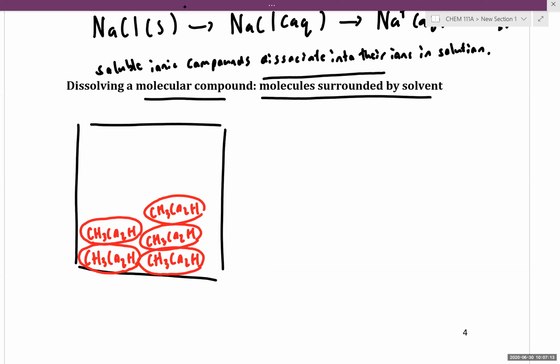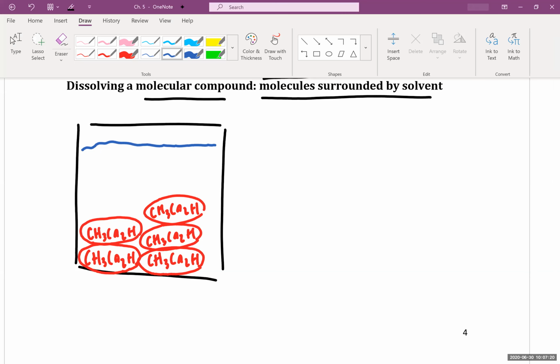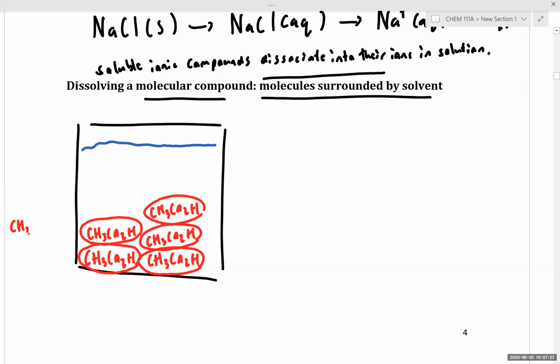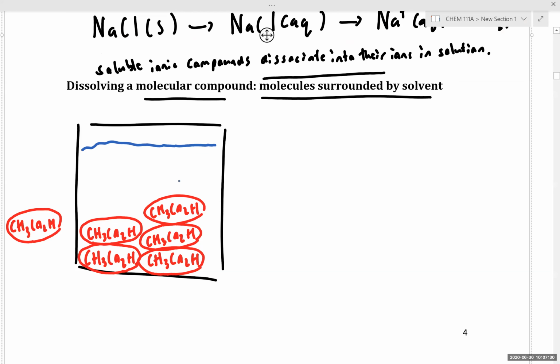Okay, and now, as always, if we try to dissolve our acetic acid in water, our water molecules are going to immediately associate with our acetic acid molecules.